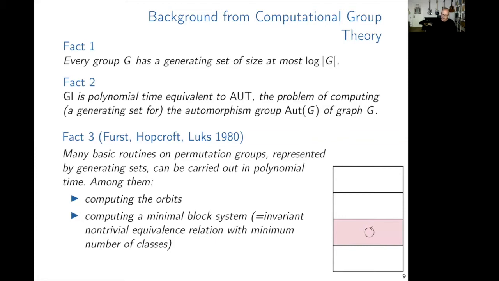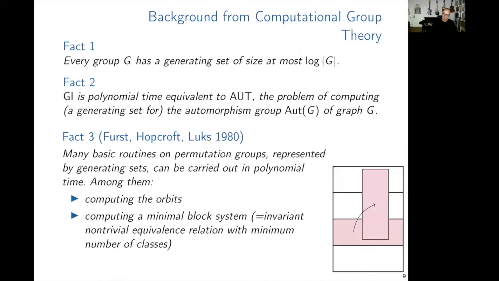So for example, a permutation could move an element here to an element here, at the same time an element here to here, and so on. Or it could also move whole blocks, like here. So it can map this whole block to this block. What should not happen is something like this, that a block is mapped to something that is not a block.